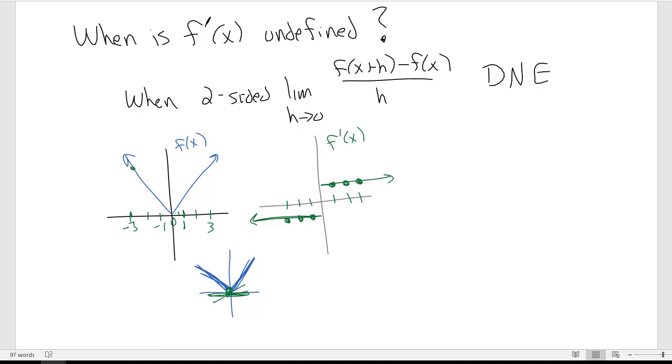I could also draw a tangent this way that has a glancing blow at one point. I could also draw a tangent this way that has a glancing blow. So in other words, there's infinitely many tangents occurring at the corner on this graph. This two-sided limit is failing when x is equal to 0. So what happens then is we have an undefined point on our derivative f prime.